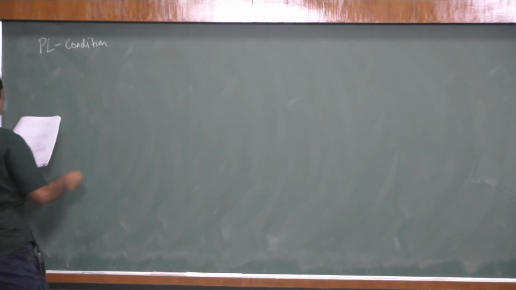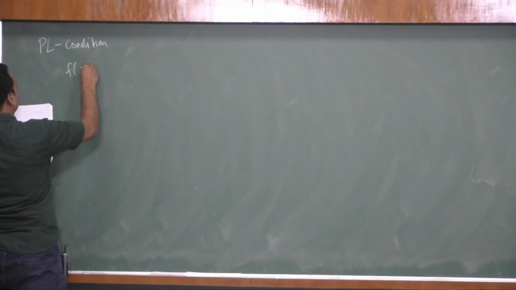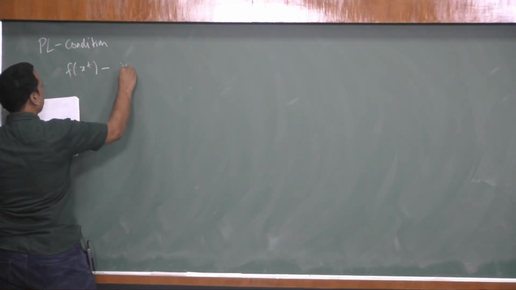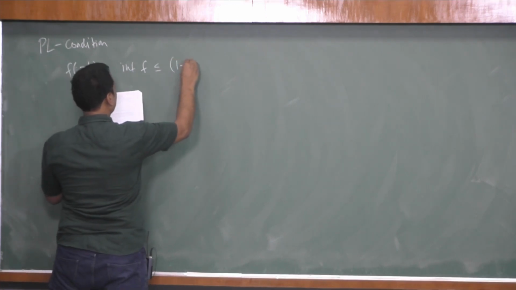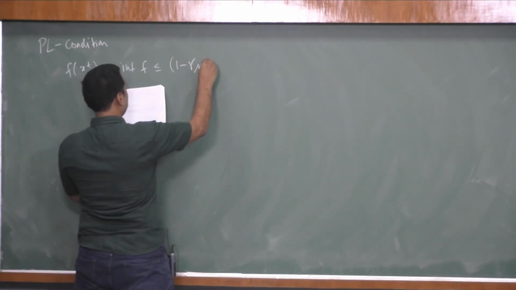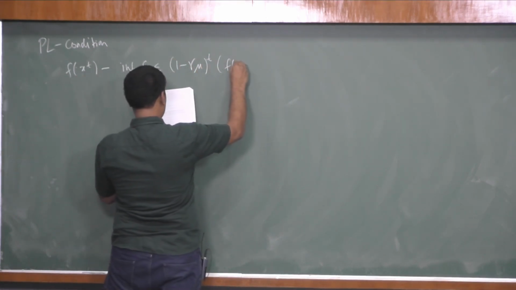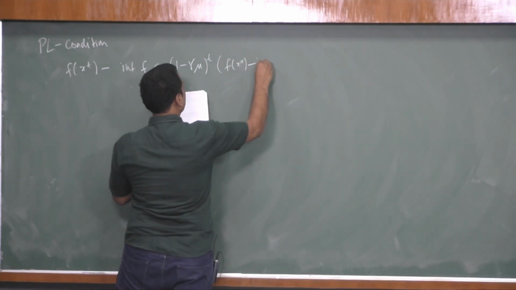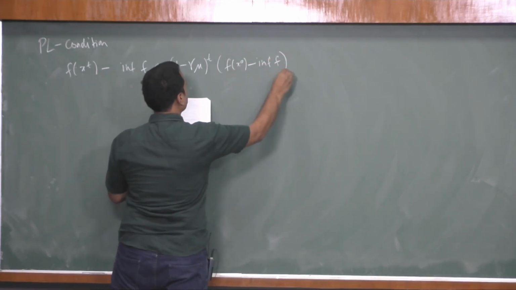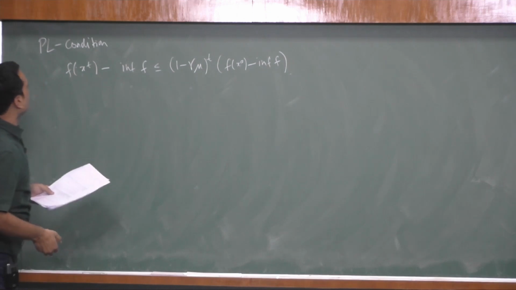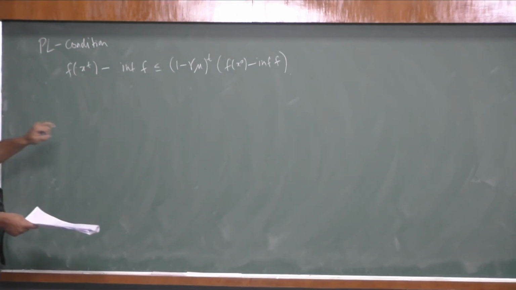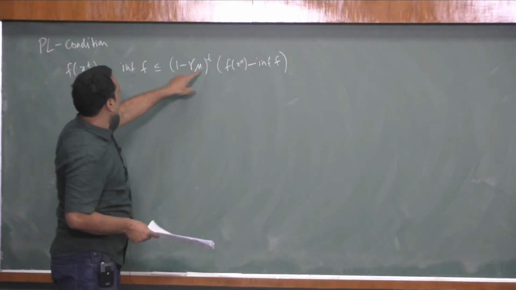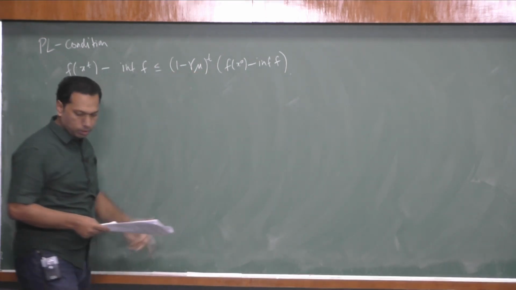Here we prove that f(x_t) minus infimum of f is less than or equal to (1 minus gamma mu)^t times f(x_0) minus infimum of f. So it converges to the infimum at this rate, and this rate is actually linear.